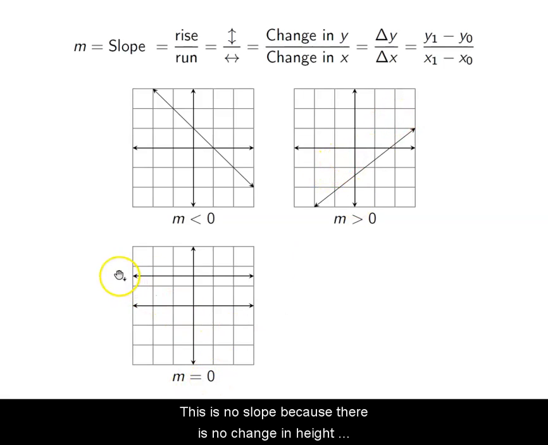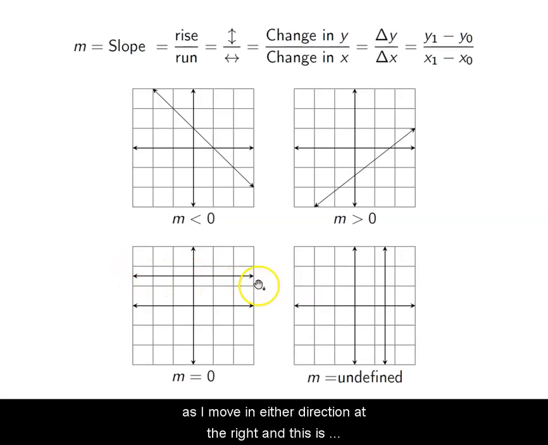This is no slope because there is no change in height as I move in either direction, left or right. And this is undefined because there is no left or right movement, a denominator of 0, but there is up and down. So we really don't know how to quantify this in numbers as movement, which is another reason why we don't divide by 0. So an undefined slope just means I have a vertical line.